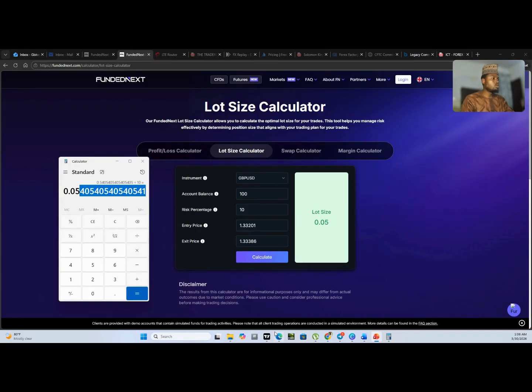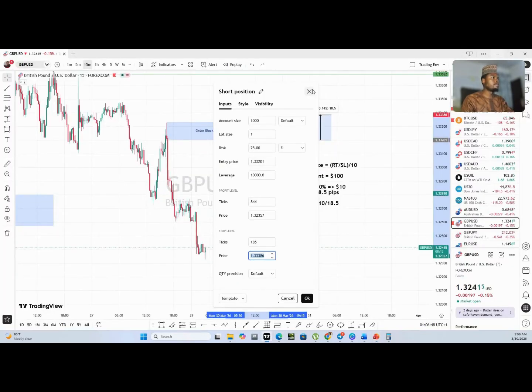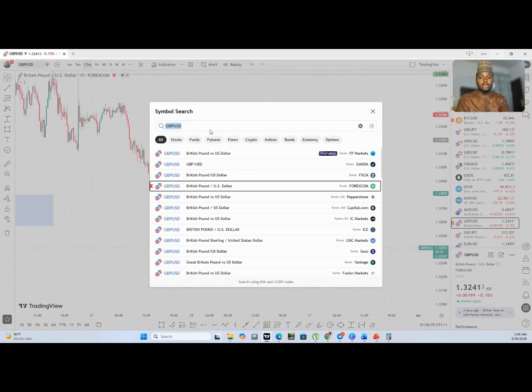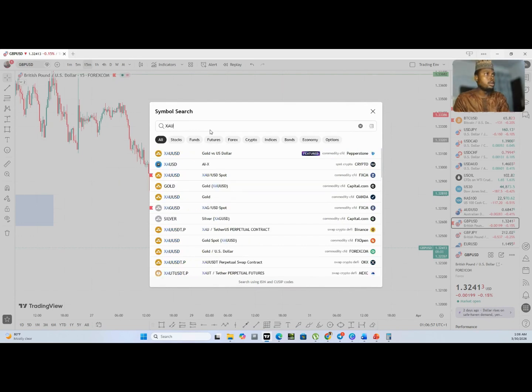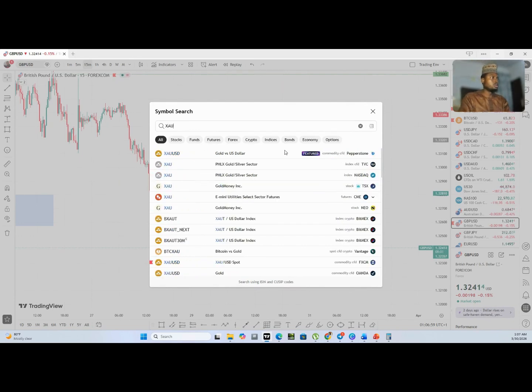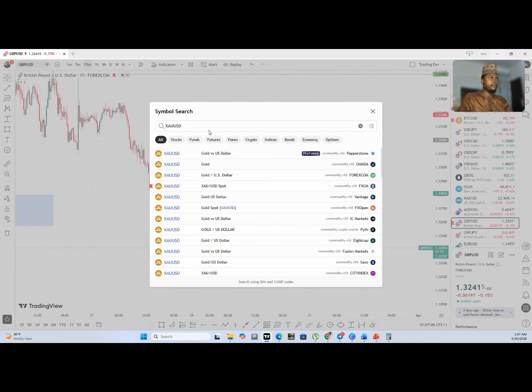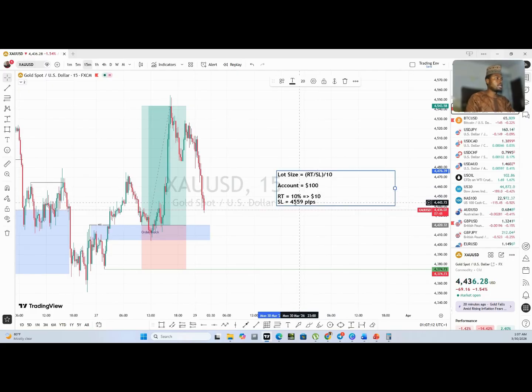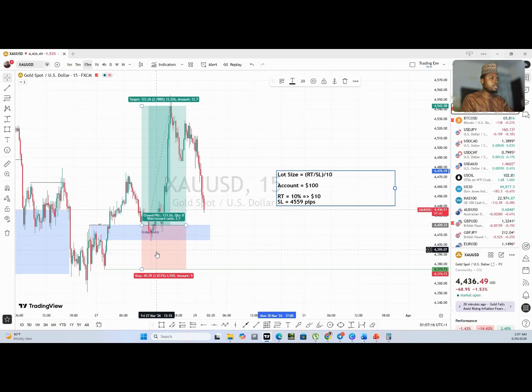So let's go back to our gold, XAUUSD. As I said, this is our pips. How did we get it?